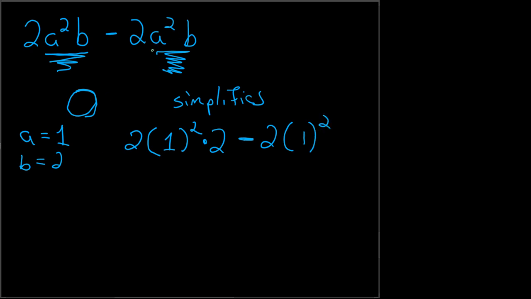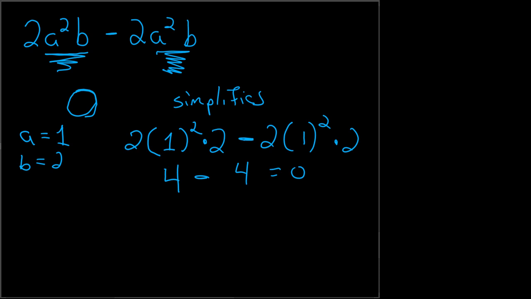Because I'm plugging that into there, times 2. So 1 squared is 1, and so 2 times 1 times 2 is 4, and 4 minus 4 is 0.